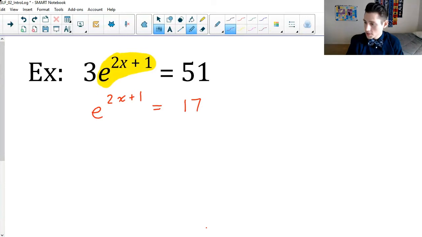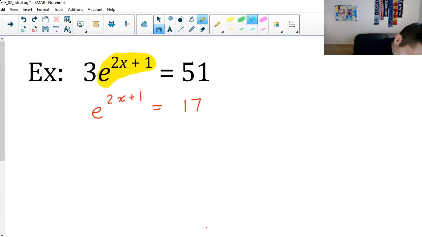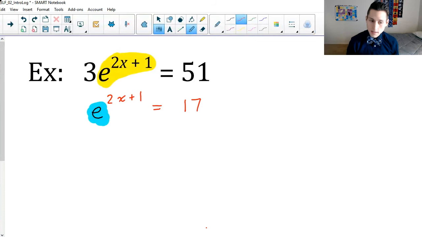Now that it's just the exponential, I can use a logarithm now. So my logarithm, because my base is e of the exponential, then that's the same base that I want my logarithm to be. But we remember that's one of our special ones. Base e is a special logarithm. So we're not going to write log and then with the little e down below.